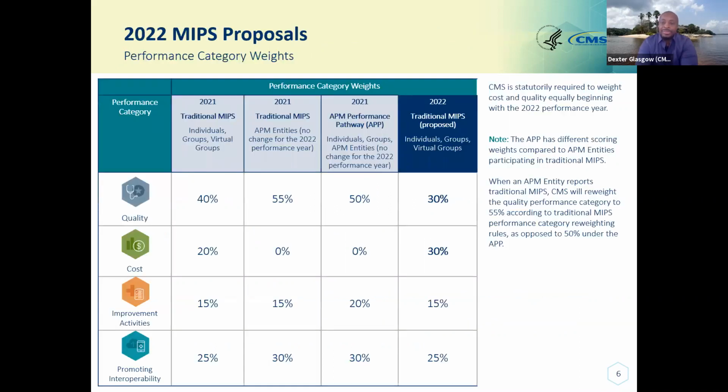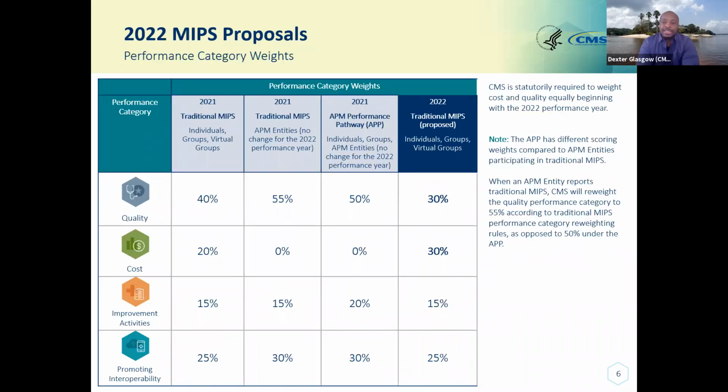CMS is issuing a clarification about fiscal year 2021 performance category weights for APM entities. We have introduced some new terms about the Quality Payment Program, including traditional MIPS, our MIPS Value Pathways, and the APP, and how those performance category weights work.